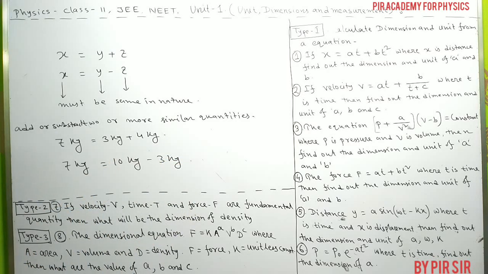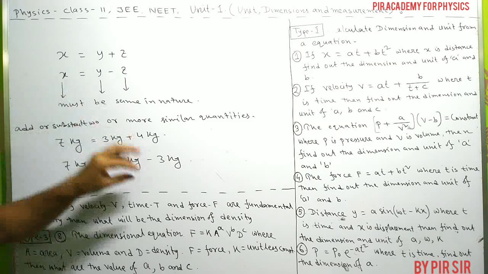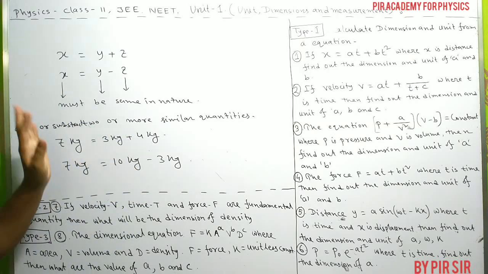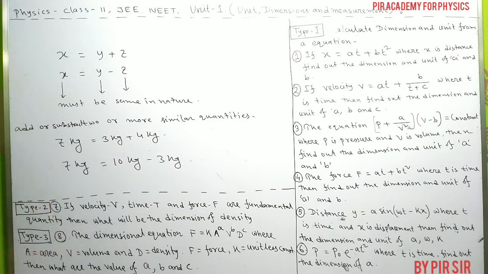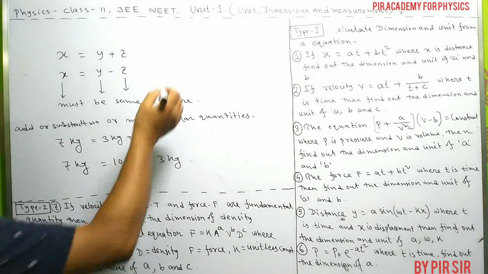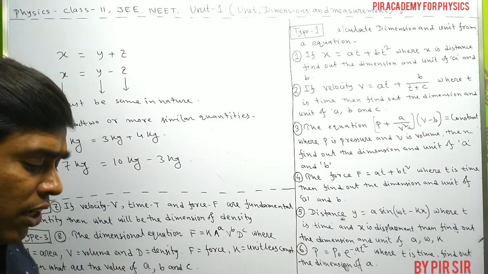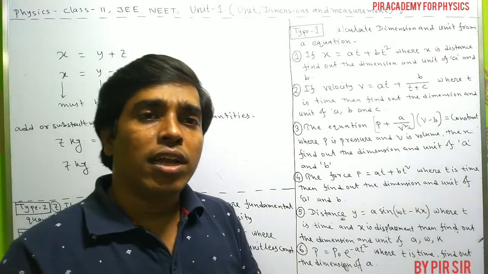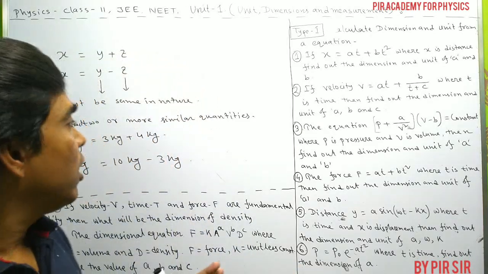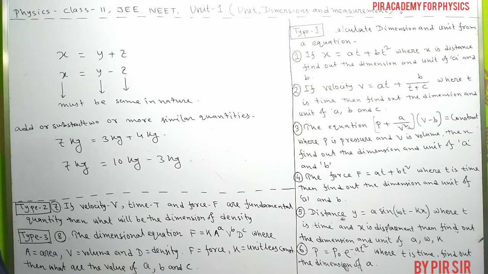So you have to keep in mind that only similar quantities can be added and subtracted, but division and multiplication can be done with any types of quantity.